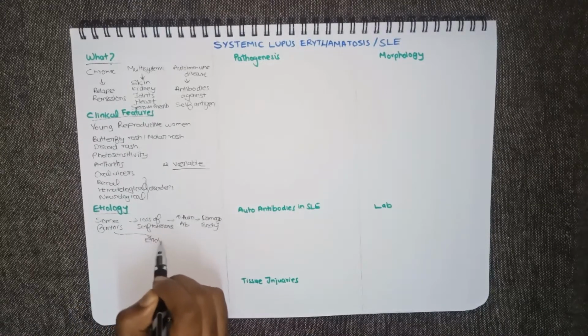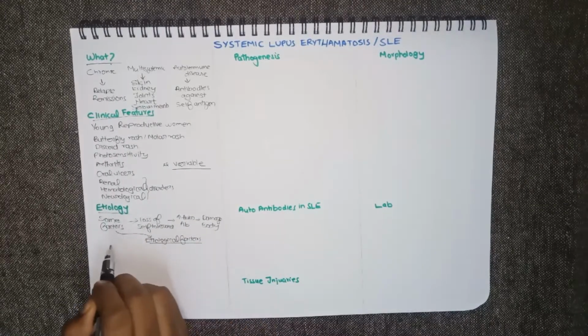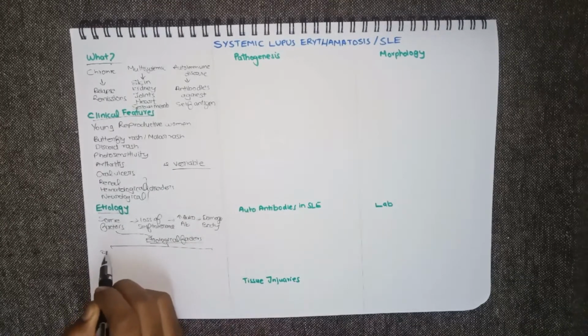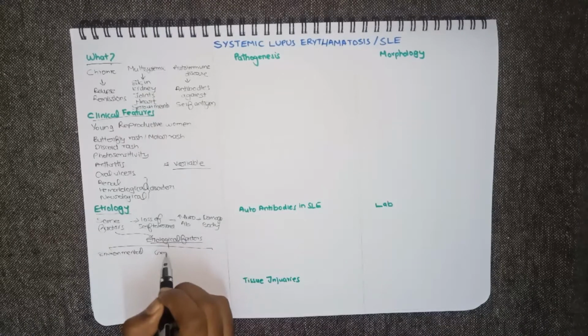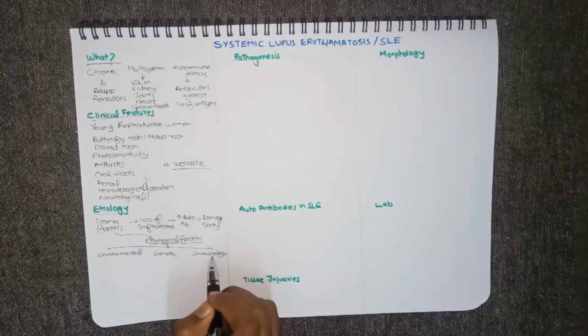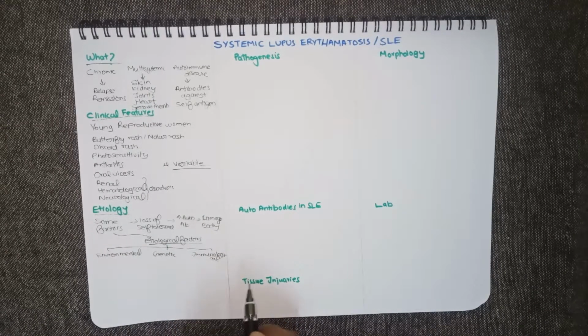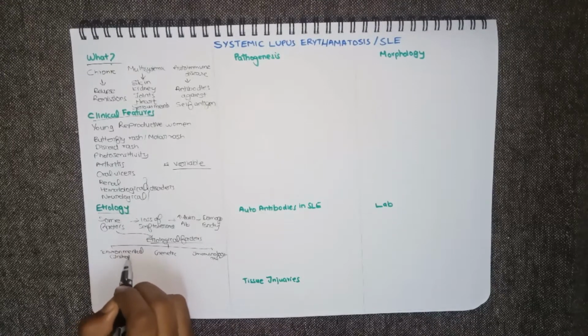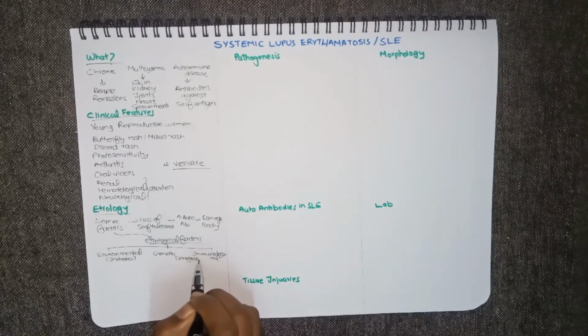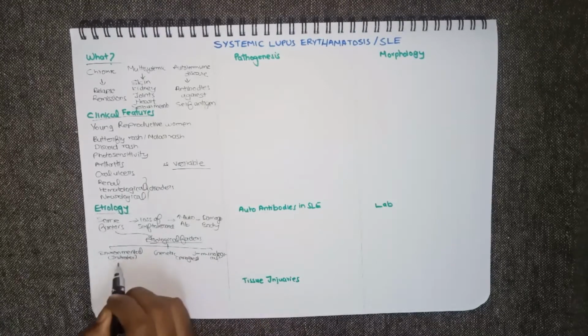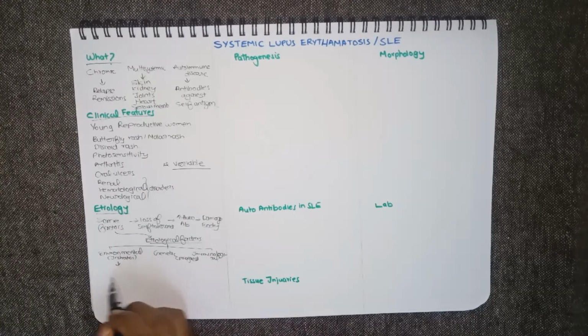Now, what are these etiological factors? They can be broadly divided into three: environmental, genetic, and immunological. Environmental factors start or initiate the process, whereas the genetic and immunological factors progress the disease.